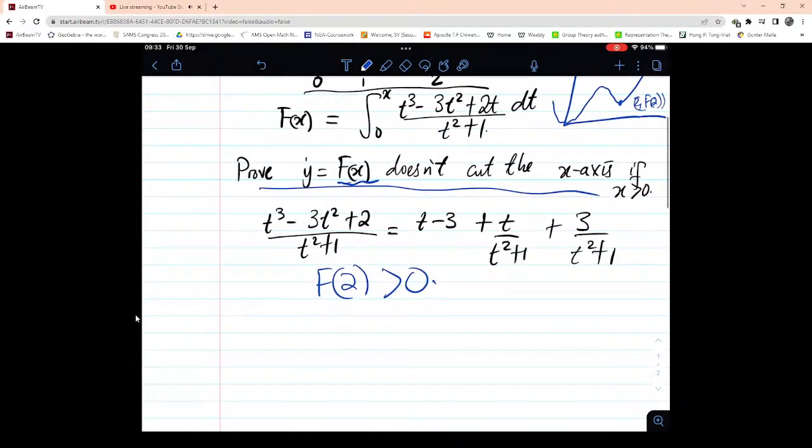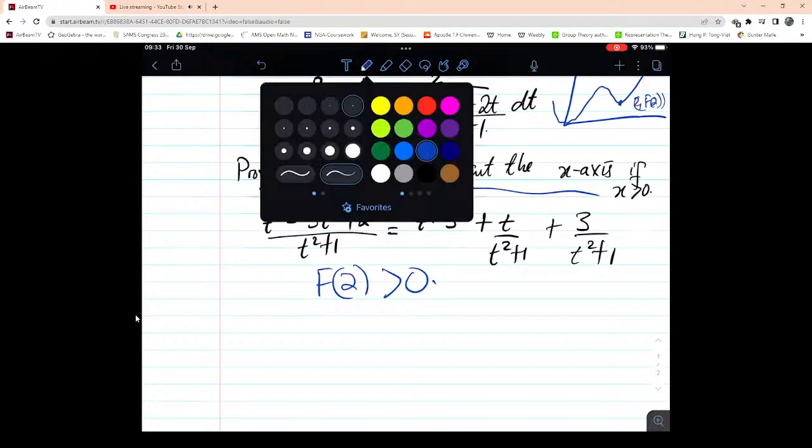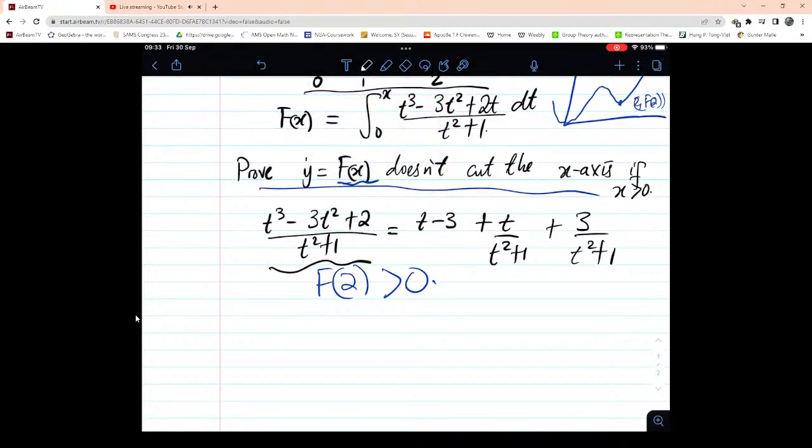So for us to do that, we rewrite our rational function here in this form, and here we use long division. I'm not going to get into the details there, but just believe me that you can write this function like that. You will do long division in detail, I think, in chapter 6.